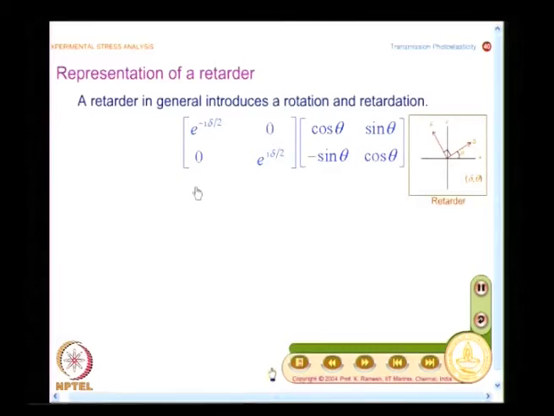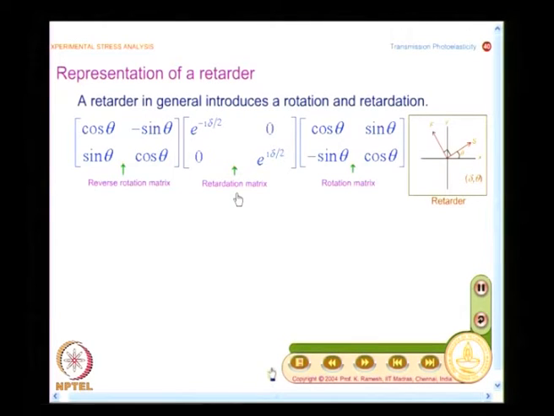So, now I will also have a reverse rotation matrix. I have a rotation matrix as light hits the retarder. Within the retarder, it introduces a retardation, and whatever the modification that has been done by the model, I want to refer it back to the original reference axis as x comma y.